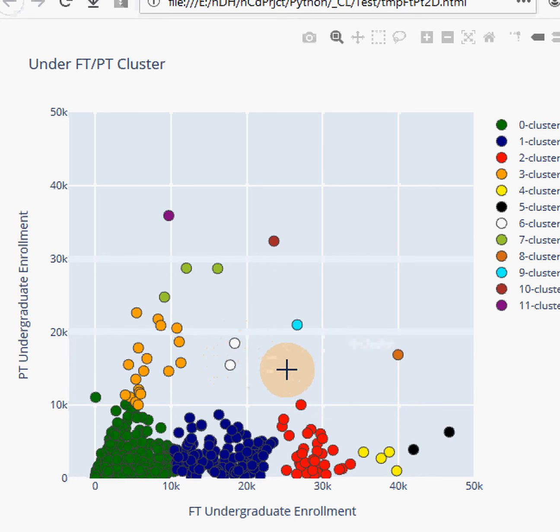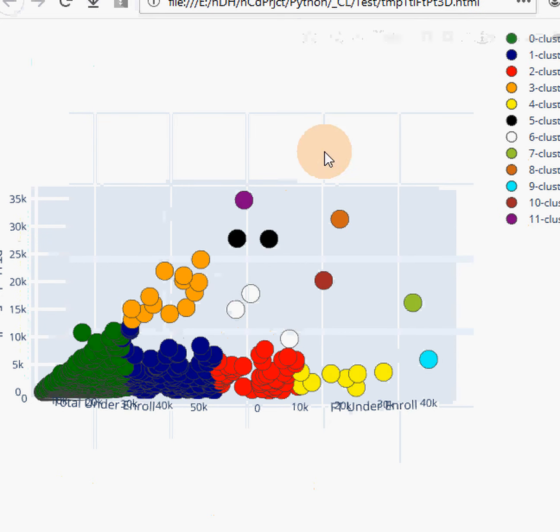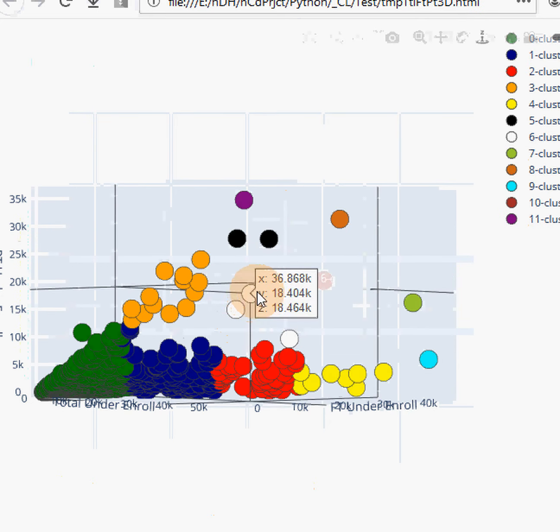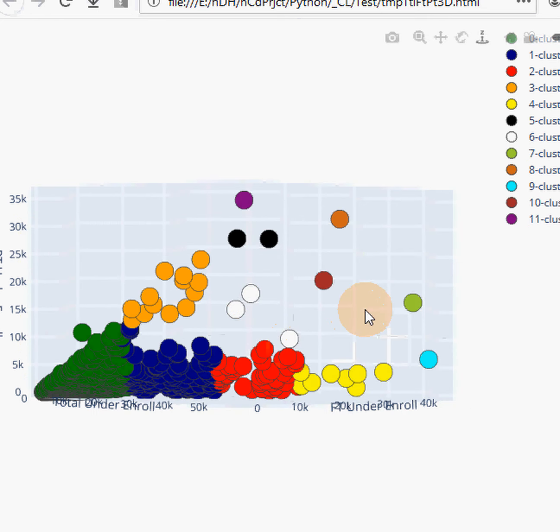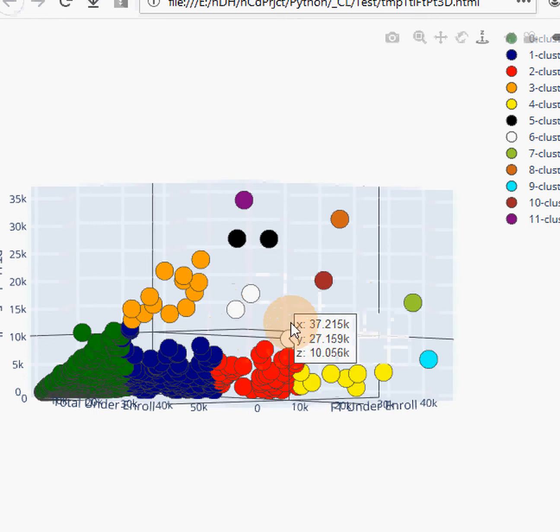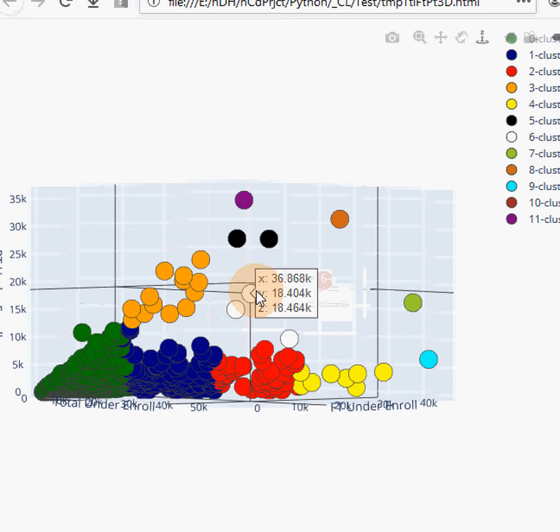This again demonstrates my point: you are not trying to do it in 2D and then go look at another one and ask how we are going to determine that point. You put all the variables together and let them calculate the total distance to determine a group. That's how this is done.